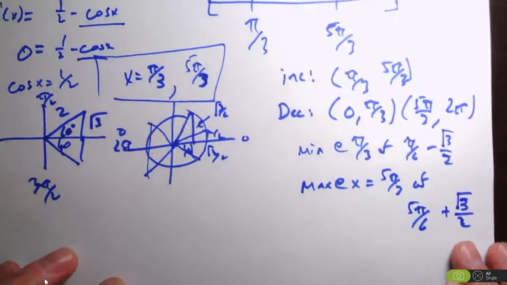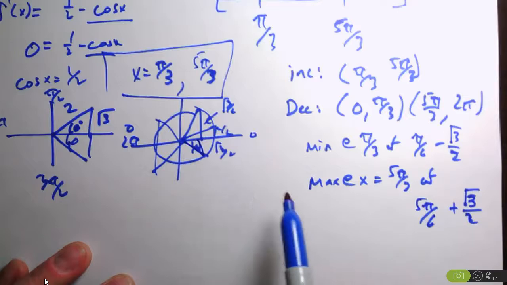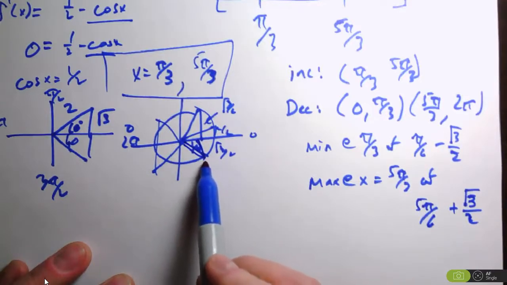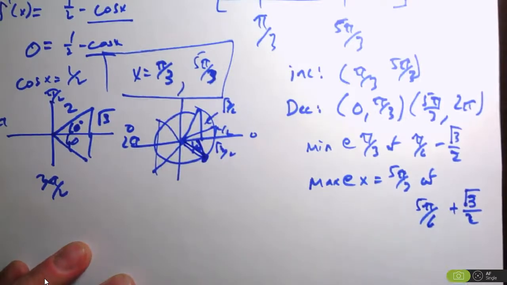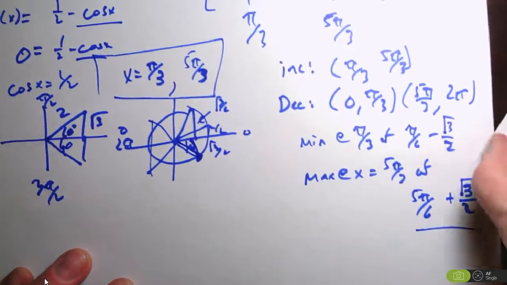I'm at the screen, aren't I? Sorry. So when I do down here, that's sine of 5 pi over 3. I know I've got a bunch of sloppiness, but it ends up being root 3 over 2. There's your max. Now the second part of this then is concavity and inflection points.